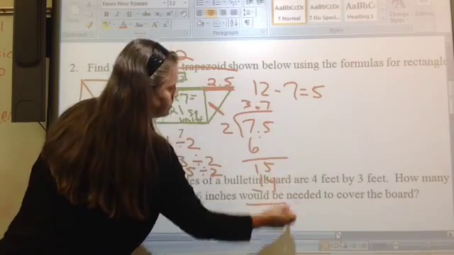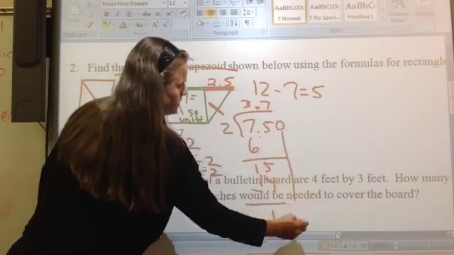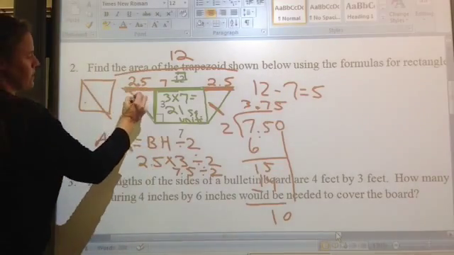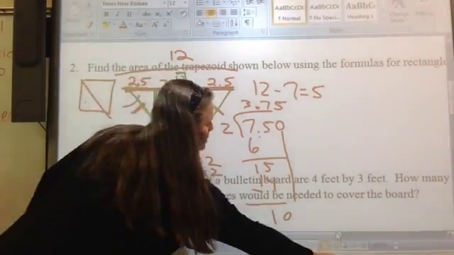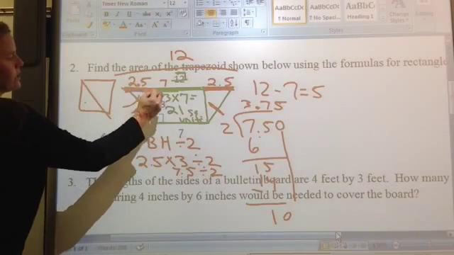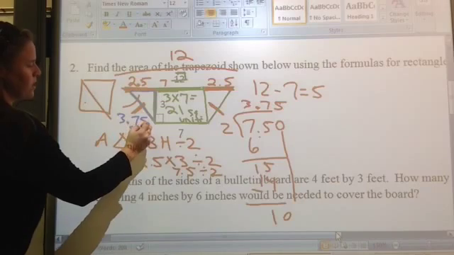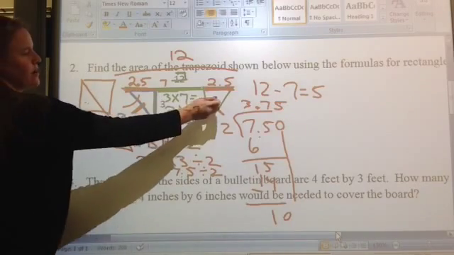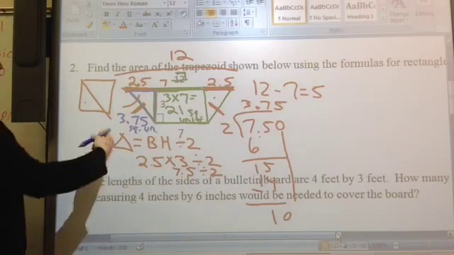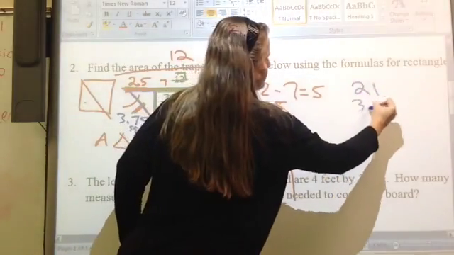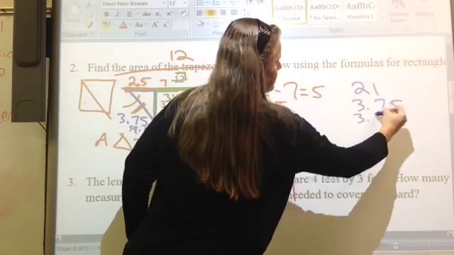14. Bring down a 0, and I've got 5. So my area for this triangle, I'm running out of room. Go a different color. This triangle here is 3.75 square units. This triangle will be the same thing, 3.75 square units. So now I have 21 plus 3.75.